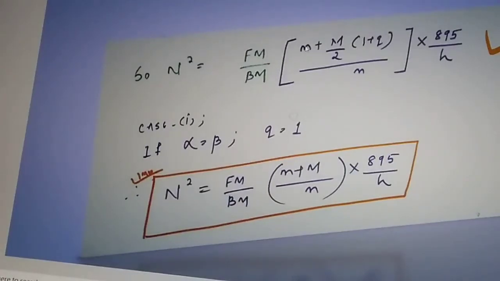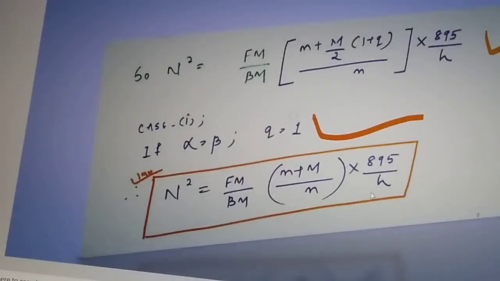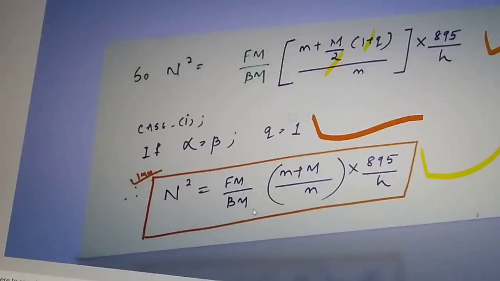Case 1 is if alpha is equal to beta, that means Q is equal to 1. Then what will be the value of n square? Q is equal to 1 means 1 plus Q, 2 by 2 will be cancelled. So n square will be Fm by Bm into small m plus capital M by small m into 895 by H. So this one is the important expression in order to find out the speed of revolution n of a Porter governor.